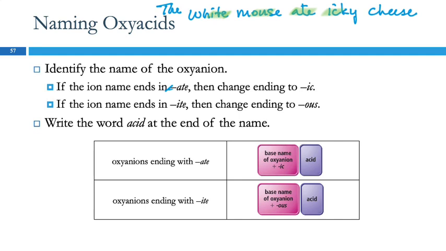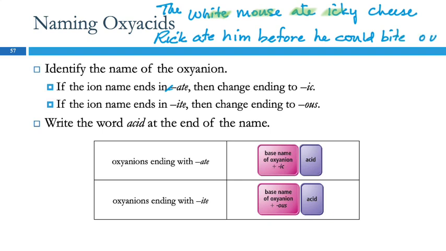Ate icky cheese: ate and ic go together. The one that I've always used, which I think is nice because it's stranger: Rick ate him before he could bite us. But again, you have the ite and the us, the ic and the ate. So you've got to pair those up.